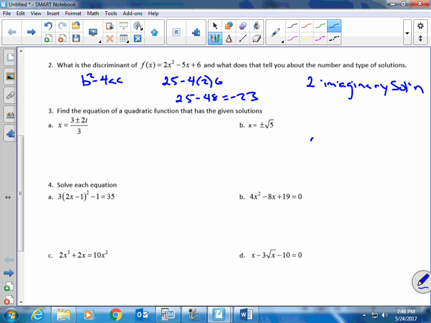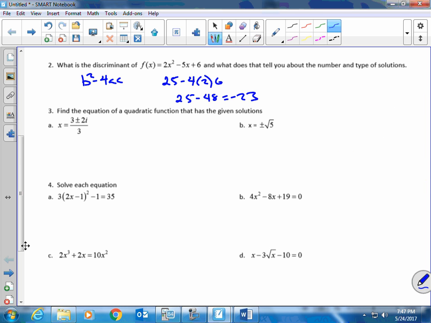There could be 2 real solutions, or you could have 1 real solution. That's my other options. If your discriminant is less than 0, they're imaginary. If my discriminant is greater than 0, they're real. And if my discriminant is 0, there's 1. Those are my options. All right.